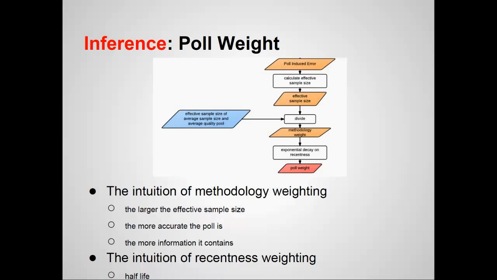That means 30 days later, the weight on that poll will be decreased to 50%. And another 30 days, it will decrease another 50%, which will be 25%, and so on and so forth. So by this process, we get from polls to a final weighting on each poll, which enables us to aggregate over different polls.